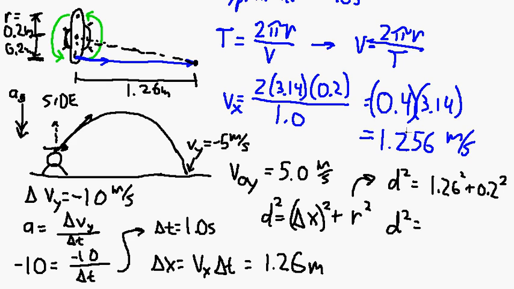So d squared equals, I get 1.628. And I guess the units on that would be meters squared, but it doesn't really matter because we're not sticking with that. So square root of that is 1.28 meters.